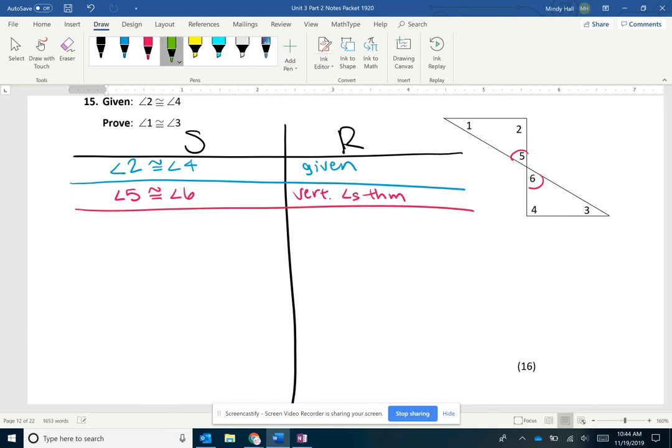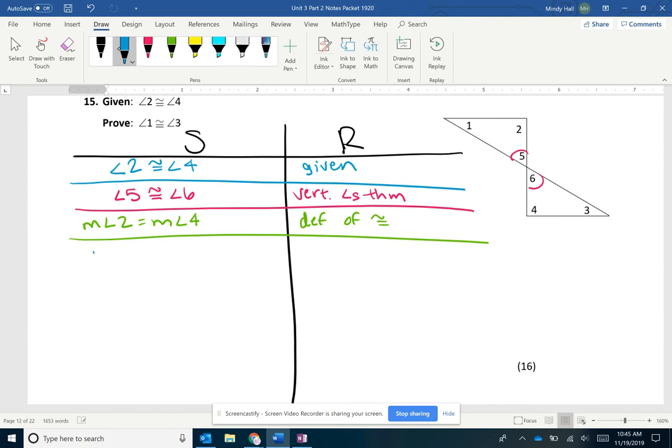Boop. And so then we're going to throw in our duh comments. Measure of angle 2 equals measure of angle 4 because of the definition of congruence. And we can also say measure of angle 5 equals measure of angle 6 because of definition of congruence again.